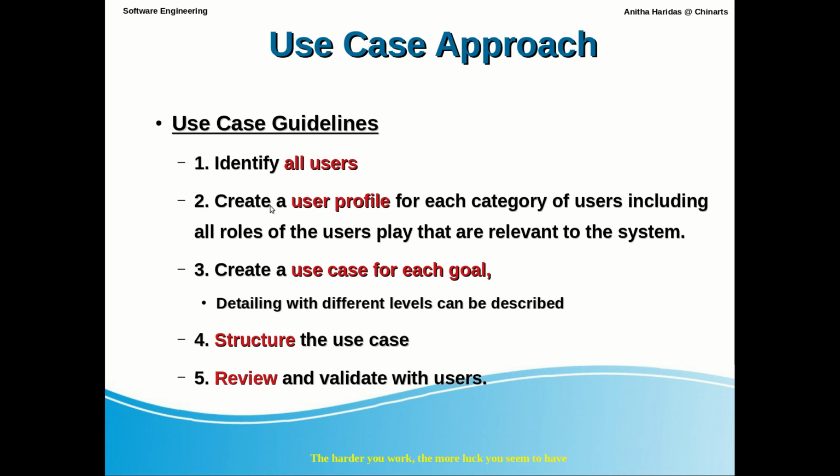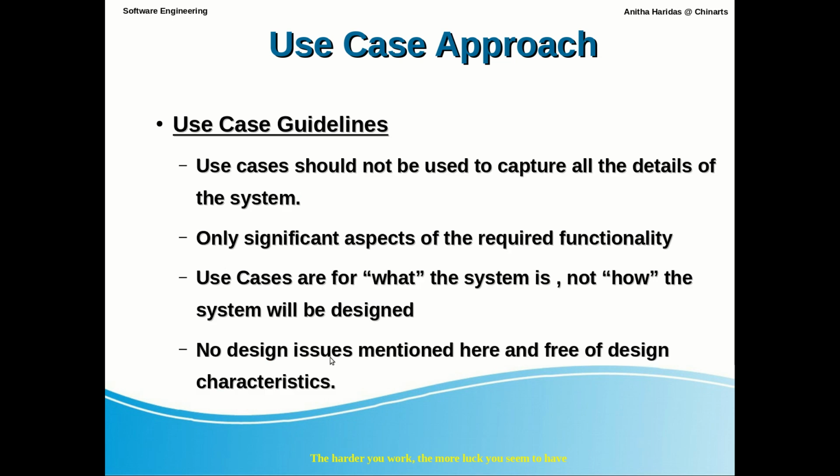So after identifying the users, create a profile for them, find out what are the roles of that particular user, then find out what are the functionalities provided for that particular user, then structure all the use cases, then take it to the user or the customer for reviewing and validating. These are the things that are to be done if you are going to use case approach for requirements gathering.